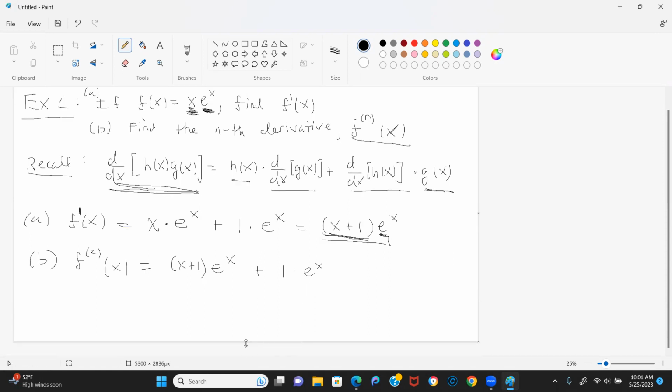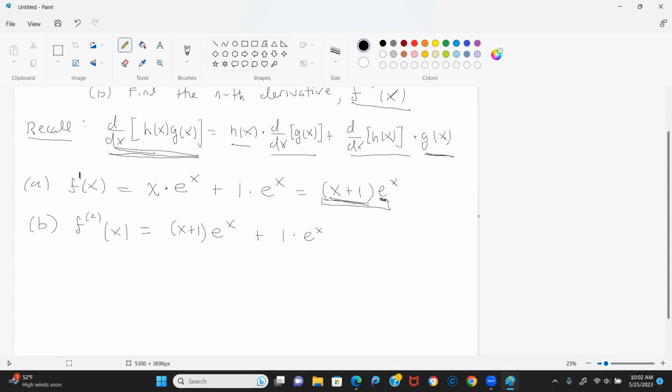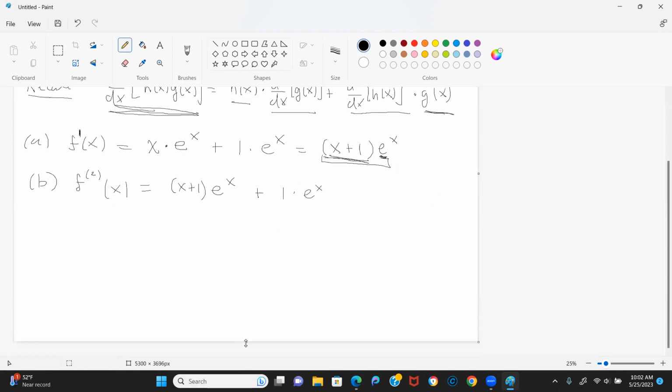I'm running out of room here, so let me create some more room. Now you can factor this, so you have e to the x, e to the x. When you factor that, what's left behind is x plus 1 plus 1. So it'll be (x plus 2) e to the x.